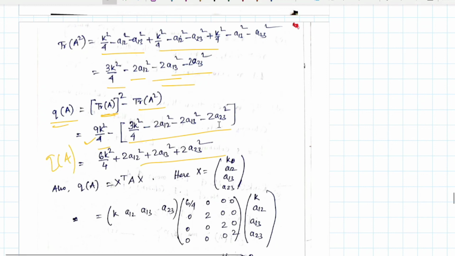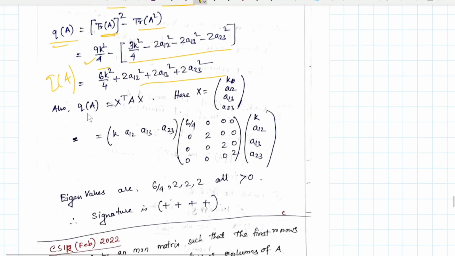Now we know that the quadratic form is written in the form Q(A) equals X transpose times the matrix times X, where X is this vector. Just remember this to write the quadratic form. Write the matrix as it is here, then the transpose on the right side, and then put in the values.